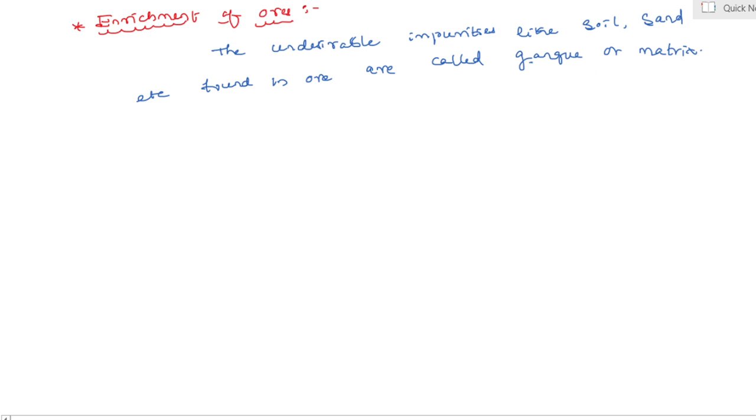As a reminder once again, it means undesirable waste products present in an ore are termed as gangue as well as matrix. Yes, my dear students, listen here carefully.